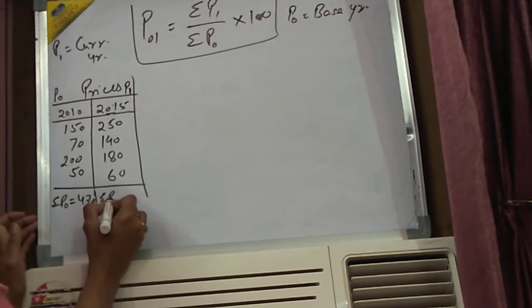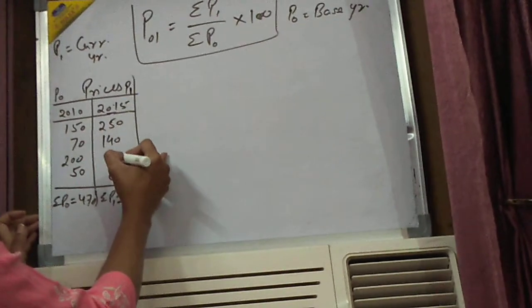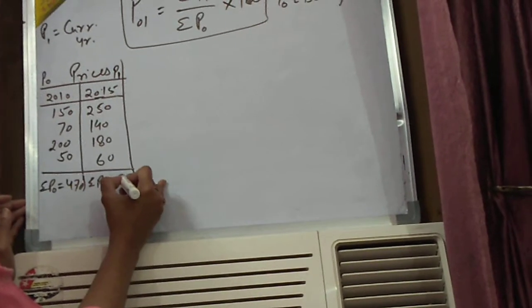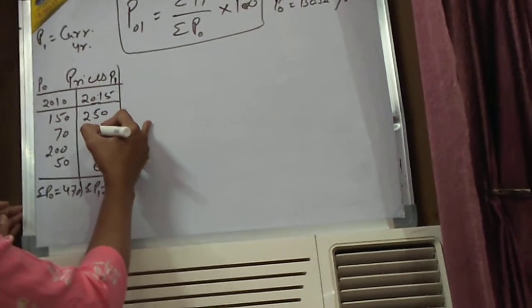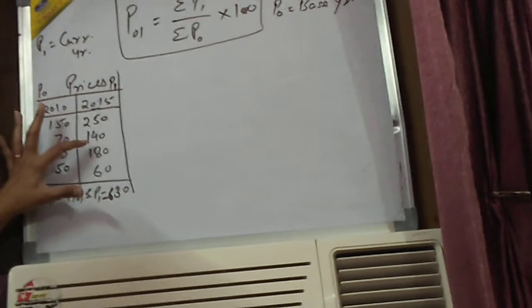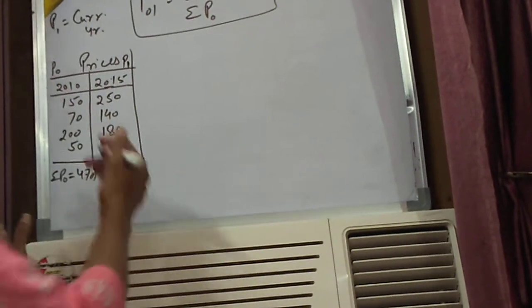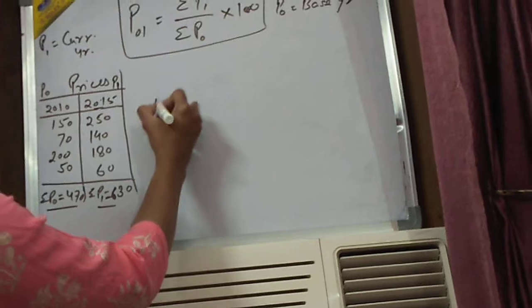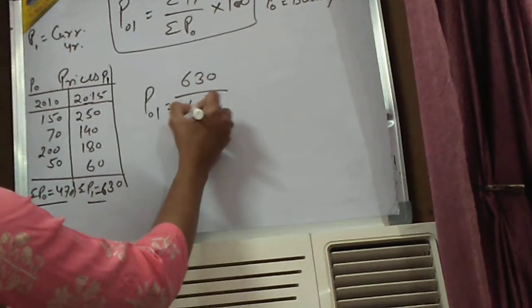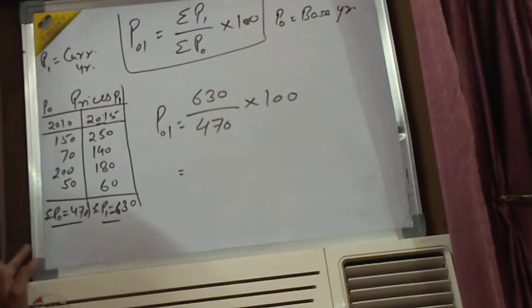And sigma P1 will be the sum total of these, 630. Now we have to put them in the formula, that is P01 equals sigma P1, 630, upon 470, into 100.